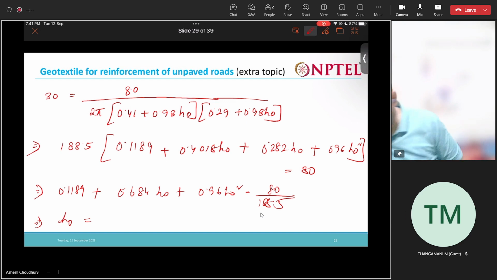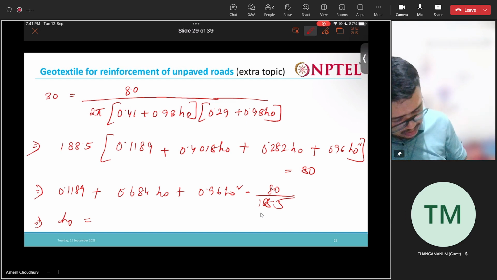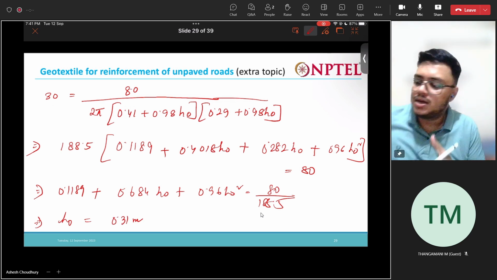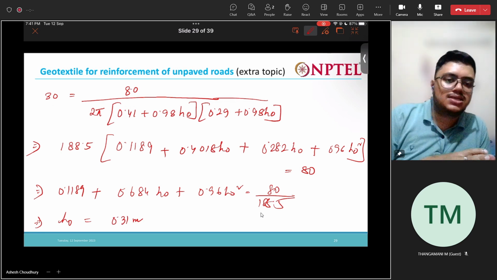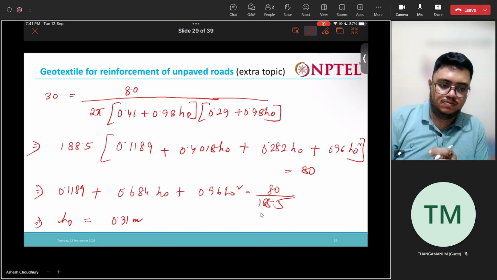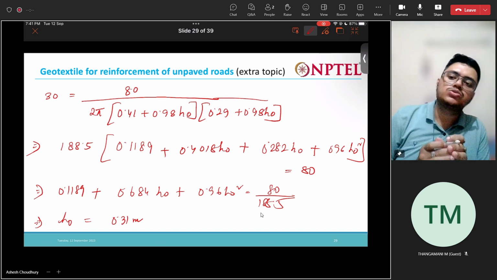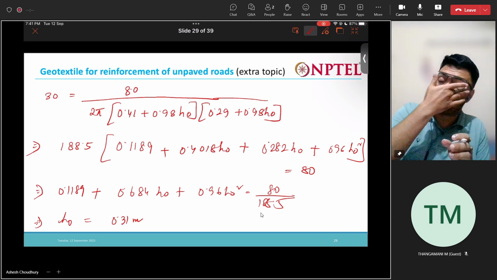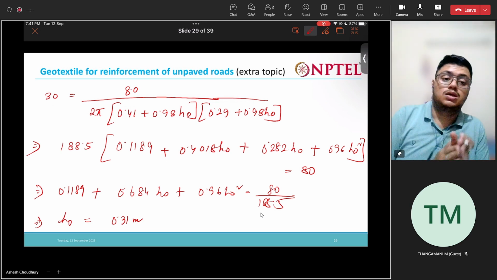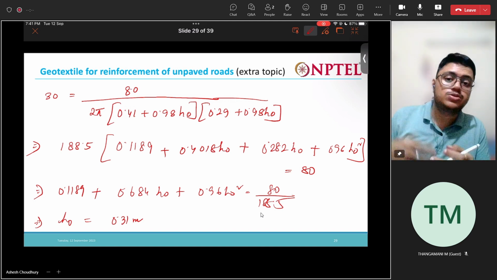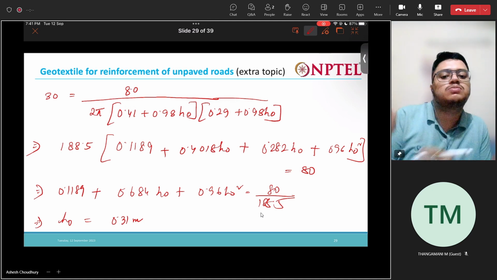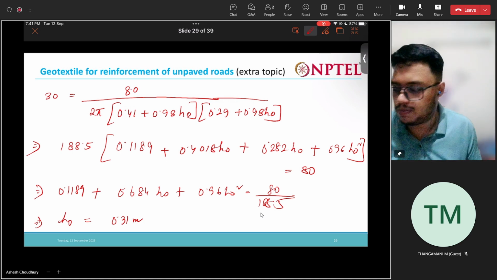So H naught comes approximately as 0.31 meter. So this much thickness of stone aggregates we need to use if we are not using any reinforcement. Now let us see, if we are using reinforcement, how much that will come.